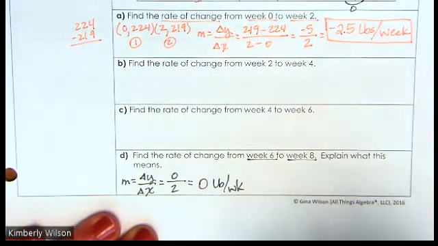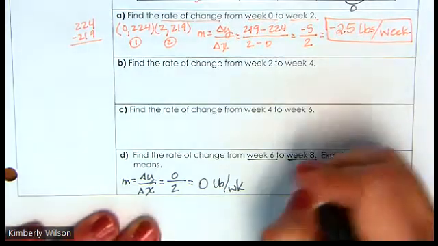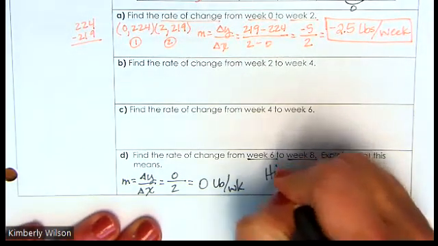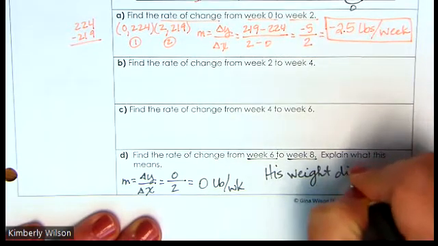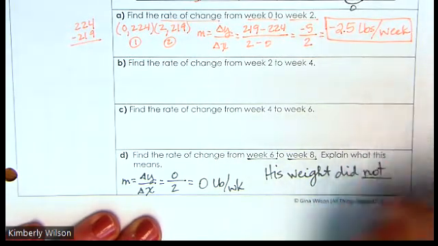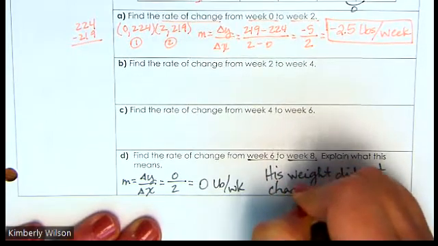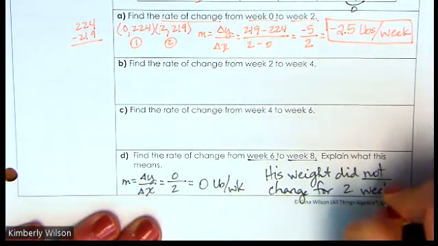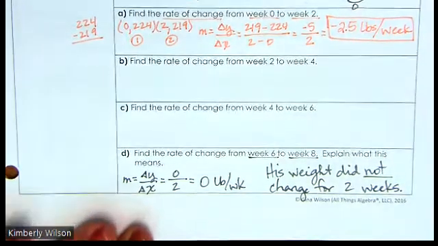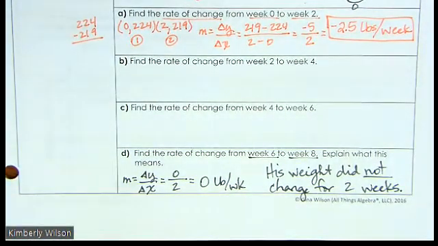But in realistic, this means that his weight did not change. So you would say his weight did not change for 2 weeks. That would be your description of what happened and what it means.